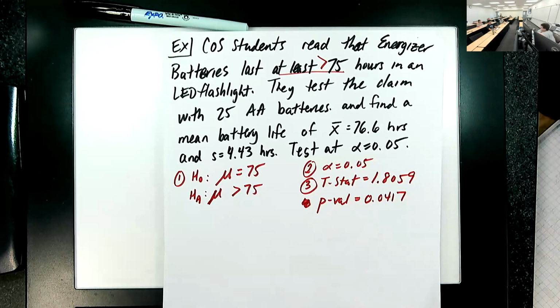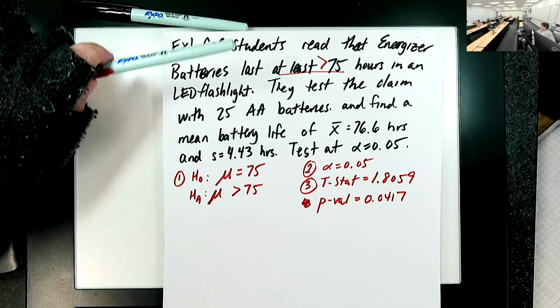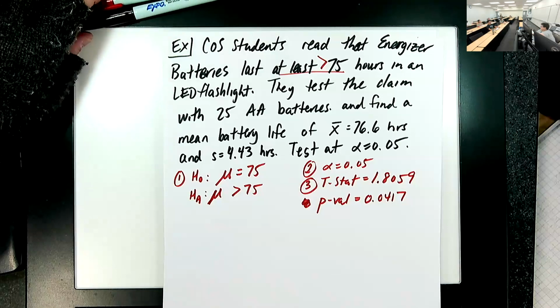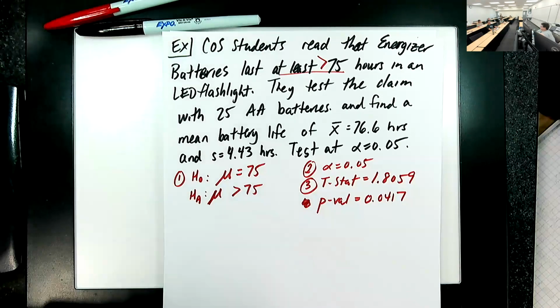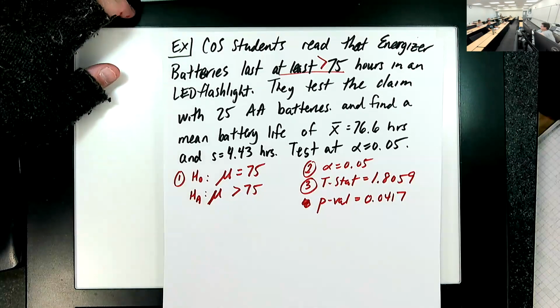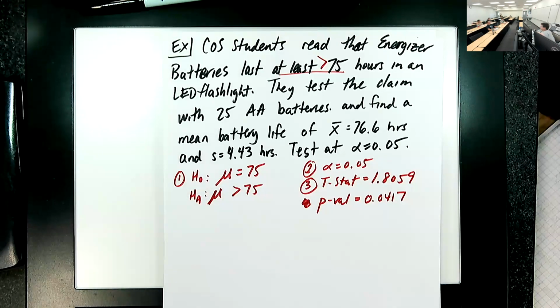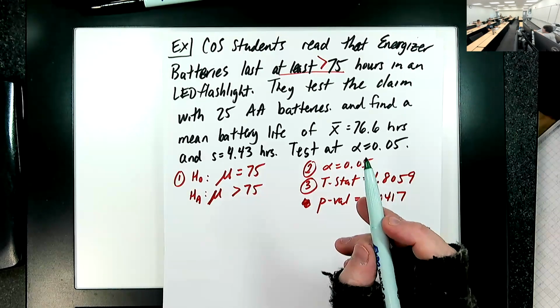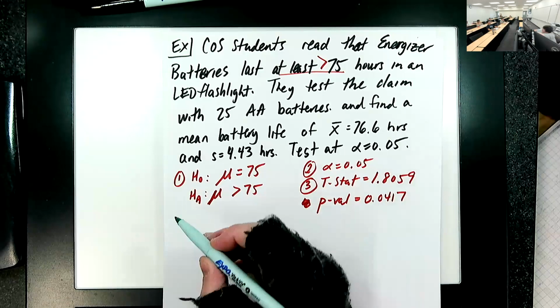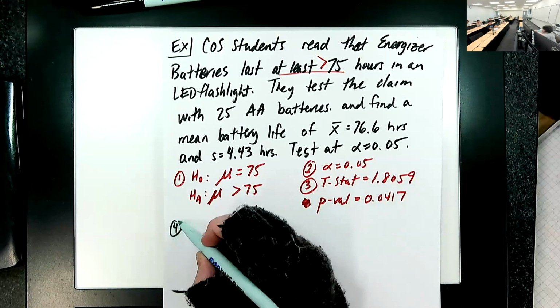Let's go. Is alpha always going to be 0.05? When it's not given, it's 0.05. That's like our default usual setting. So for step 4, we compare our p-value and alpha.